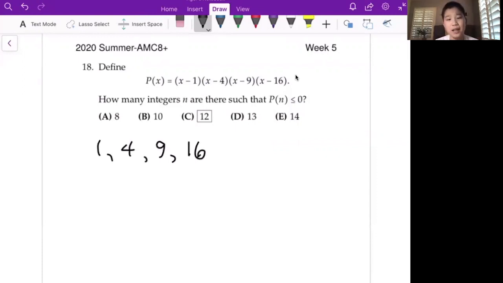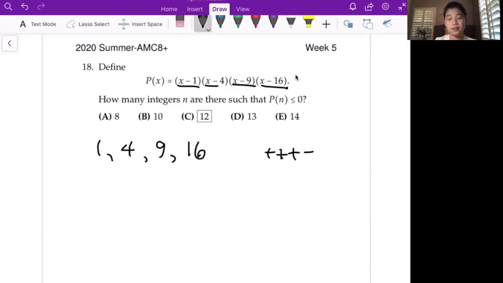And then if it's less than 0, let's see. If each of these factors is positive, can we make it less than 0? No. If 3 of them are positive and 1 of them is negative, is it less than 0? Yes. So let's write that down. And then if 2 of them are positive and 2 of them are negative, is it less than 0?